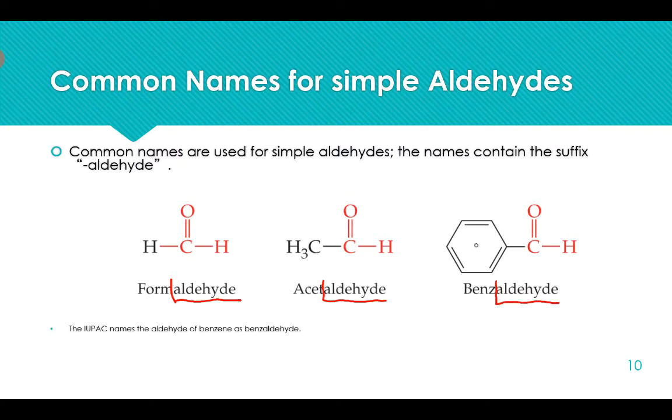That's a benzene ring. That's a methyl group, that's a hydrogen. So you can see how these names were derived originally. IUPAC will use this benzaldehyde root. That's acceptable for IUPAC, but we are going to be focusing on IUPAC nomenclature for these other aldehyde groups.